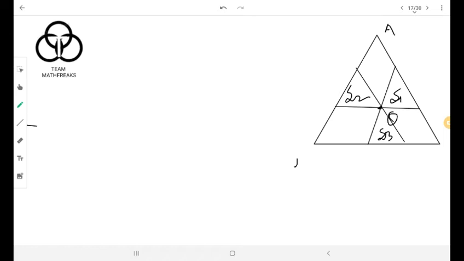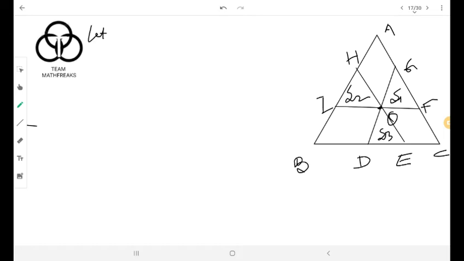Let the triangle be A, B, and C, and this point is Q. A, B, C, Q. Then we have D, E, F, G, H, I. Okay. S1, S2, S3. We have to prove it. Now, how do we prove it?